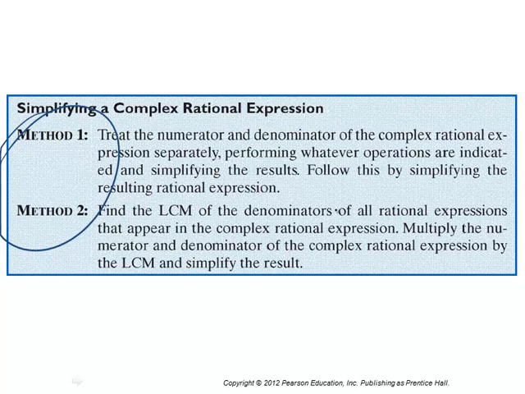The second method involves looking at all of the denominators that are in play in the numerator and denominator of the big fraction, and find the least common multiple of all those denominators of the smaller fractions, and then multiply top and bottom of the big fraction by the LCM of the denominators of the smaller fractions, and then that'll just give you, as a result, a single simplified fraction.